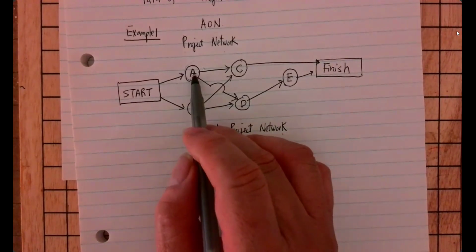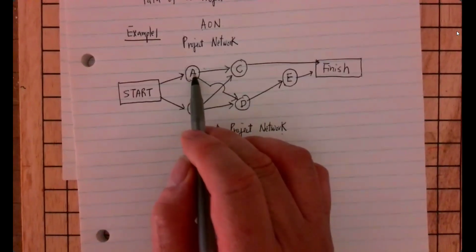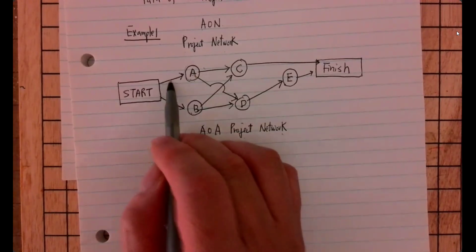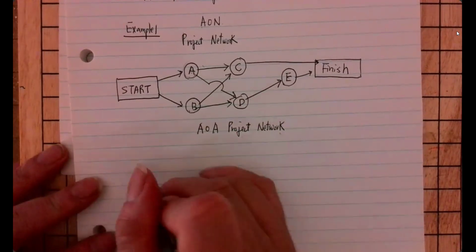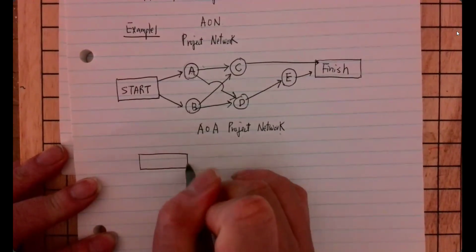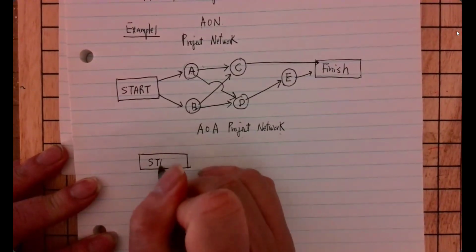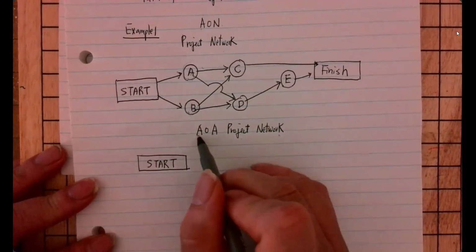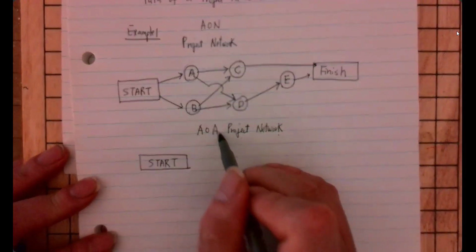Earlier, we used a node to represent activity. Now we use an arc. So how are we going to do it? I'm going to show you now for the same example. This is start. Remember, activity is now represented by an arc.